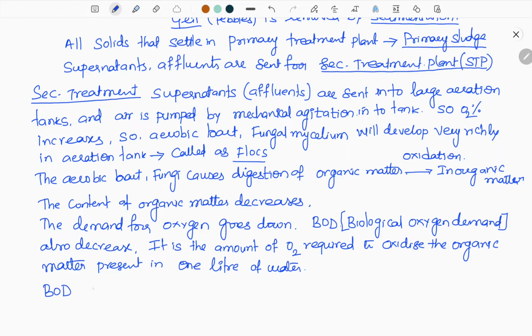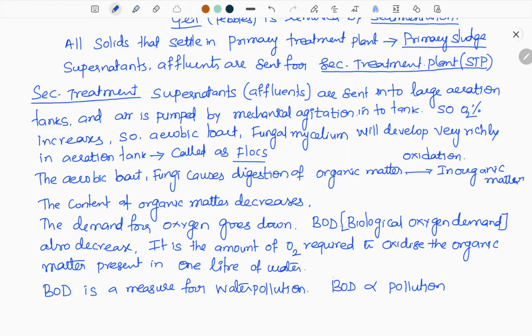So BOD, biochemical or biological oxygen demand, is a measure for water pollution. In fact, it is directly proportional to the pollution. If BOD is greater, then pollution will be greater. If BOD is less, then pollution will also be less. So BOD is directly proportional to the pollution.